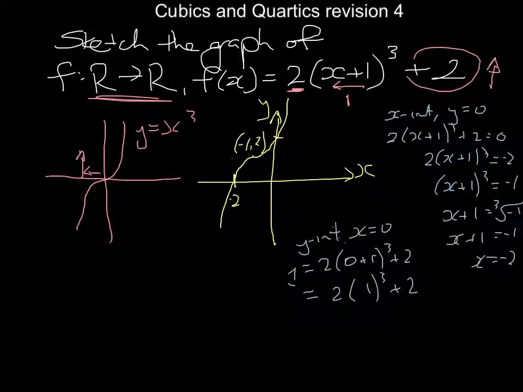Order of operations, we do the power first, so 1 cubed is 1, times by 2 is 2, plus 2, which is equal to 4. So that tells us that our y-intercept equals 4. And that's that question answered. Okay, let's move on to the next one.